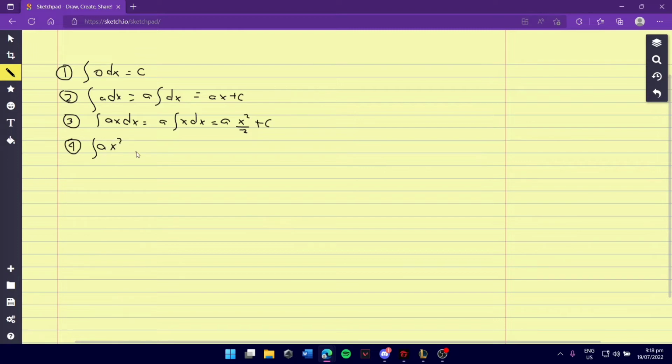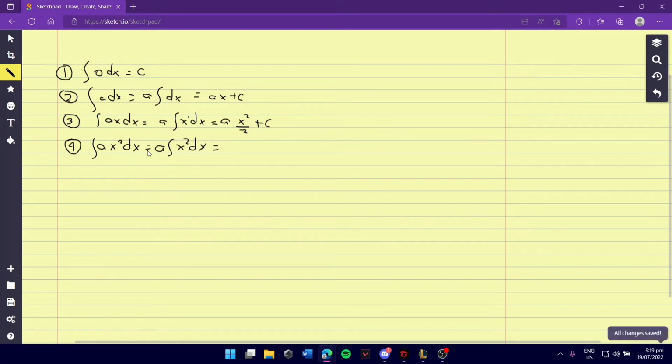And then the next example we have is the integral of a x squared times dx. Why do we get x squared here? Because our exponent in the previous one is 1. So take note now. We factor out a first, then put x squared dx.